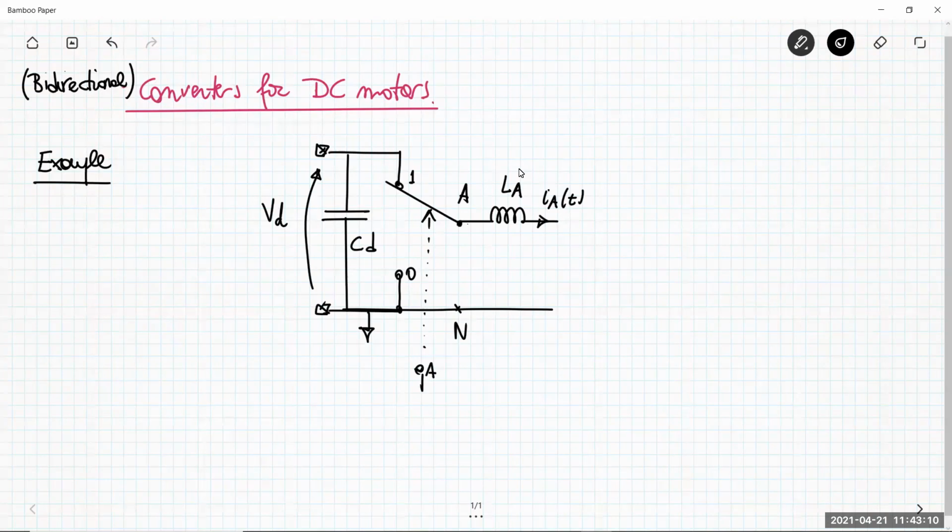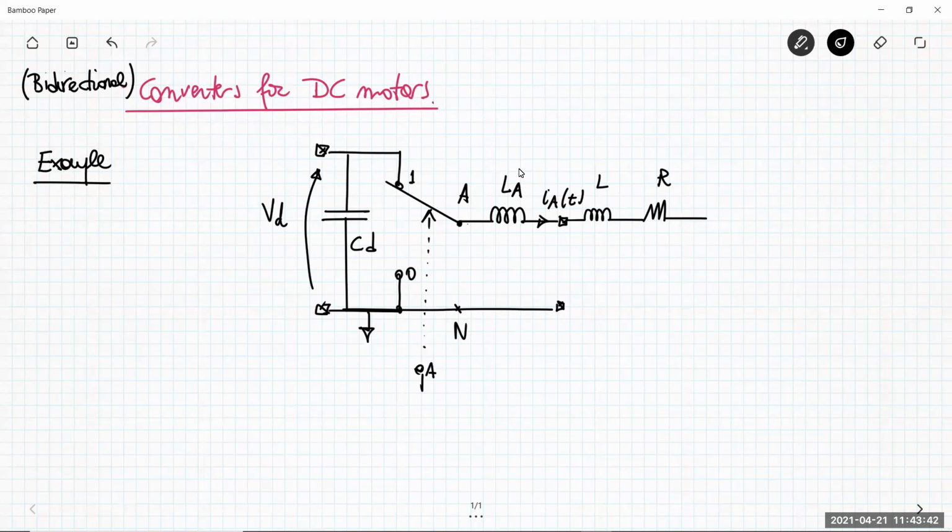Okay, so here at the output, just put the electrical equivalent model for the DC motor. Basically you have a model made up by an inductance modeling the magnetic flux linkage of the winding of the motor.